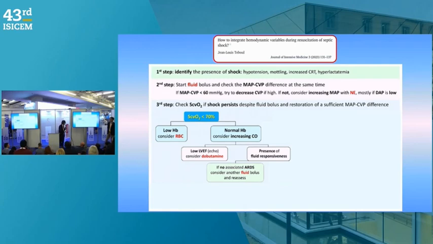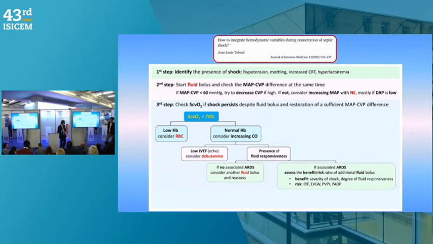It is the minimum we can do, and reassess after. If there is an associated ARDS, it is more tricky because there is some risk of fluid administration, and you have to always assess a benefit-risk ratio before considering another fluid bolus.